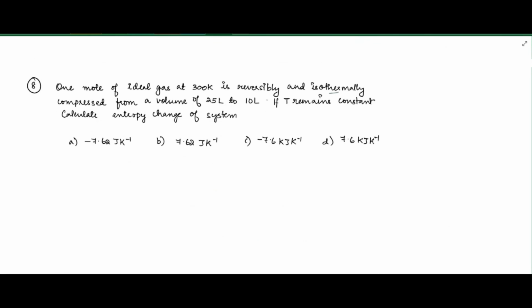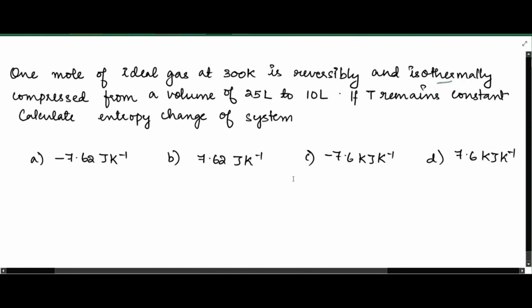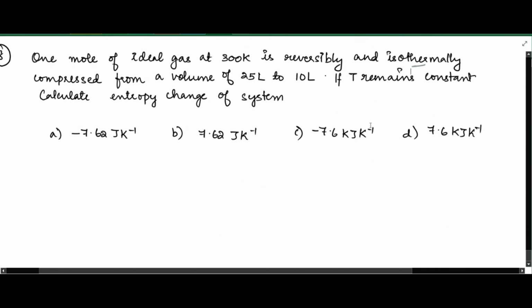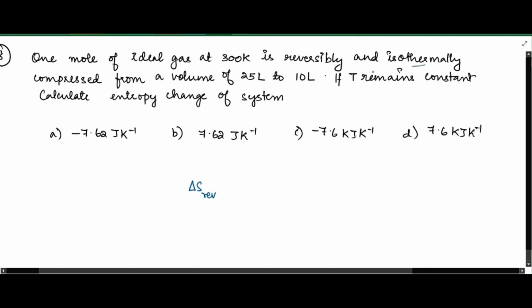Calculate the entropy change of the system. Okay. In the options there are joule per Kelvin and kilojoules per Kelvin, so do it carefully. What is entropy? The entropy of a system for a reversible process, and it is stated that the process is reversible, is equal to Q reversible by T.